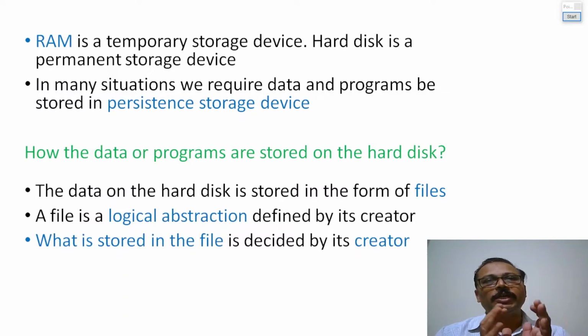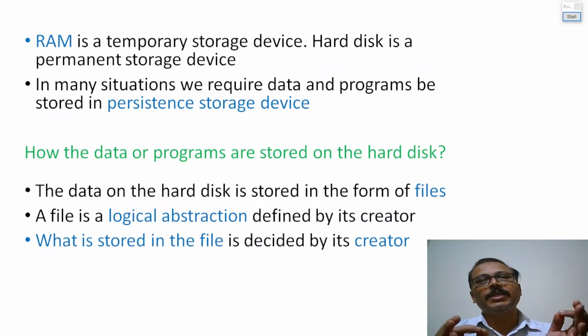It is actually the files that are stored on a persistent storage medium like the hard disk, and it is the files which are permanent, except in rare cases where there is a hard disk crash, etc. If something unexpected happens and you lose the hard disk, then it's a different issue.